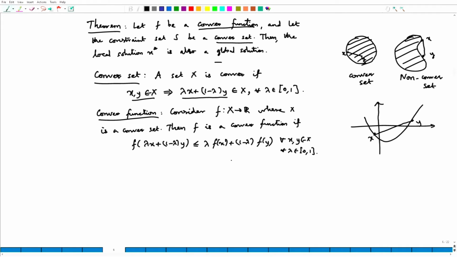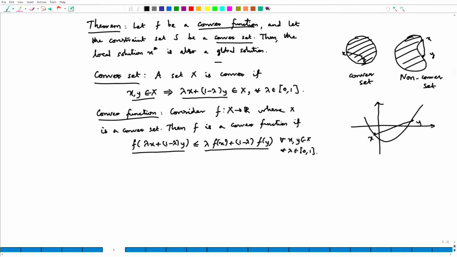So, what this says is that the right hand side here is the line segment joining f of x and f of y, and the left hand side here is the function value at that particular point. So, you can see that the function value is less than or equal to the line segment that joins the points x and y. When this happens for any x, y in the domain of f, then we call such a function a convex function.